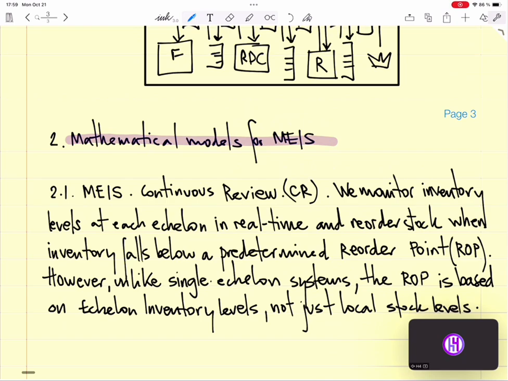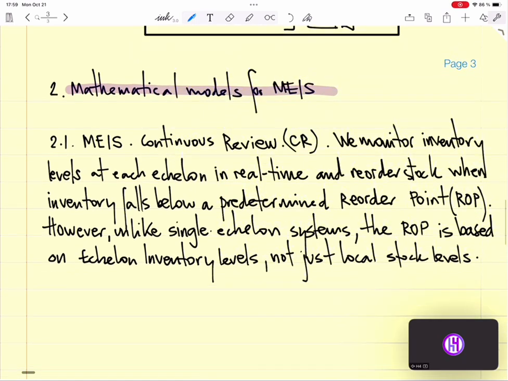Okay, so we not only look at the point, we look at everything. So this is the game we are playing: continuous review. We review continuously on time, and we have a predetermined reorder point, and we look at that based on echelon inventory. Okay.